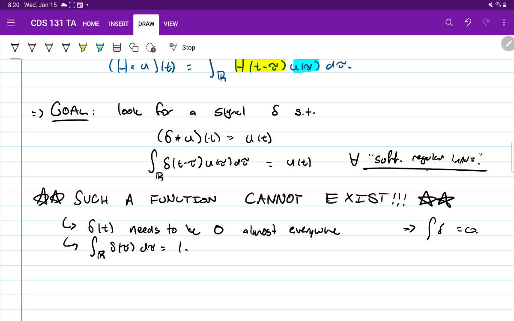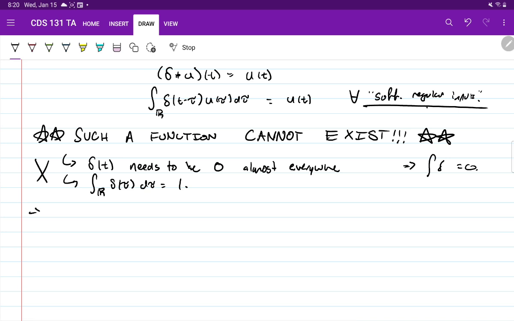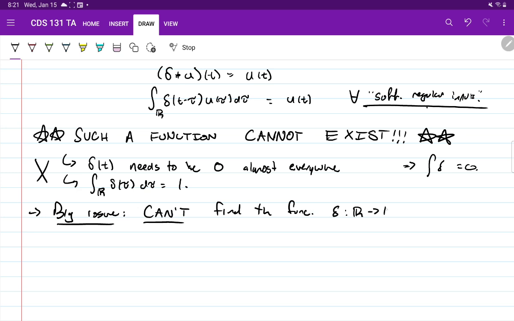Because something that's 0 almost everywhere needs to integrate to 0. Yet, we also require that the integral of delta is 1, okay? So we have a contradiction if we define a function that does this. Okay, so this is a really big issue, right? So we can't find the function delta from R to R that gives us what we need.